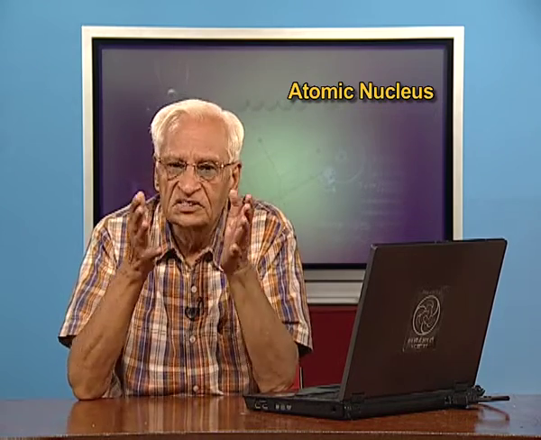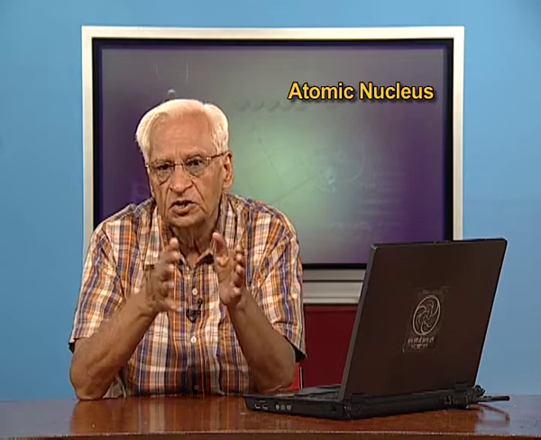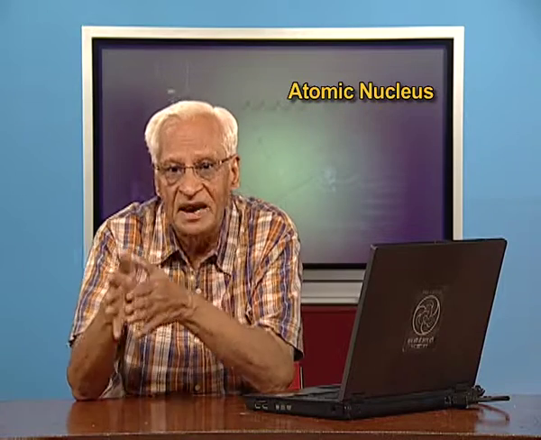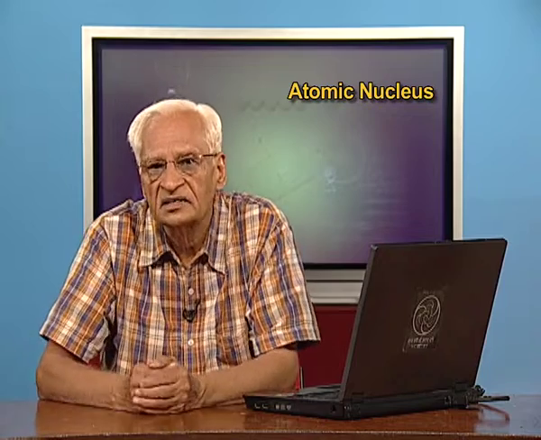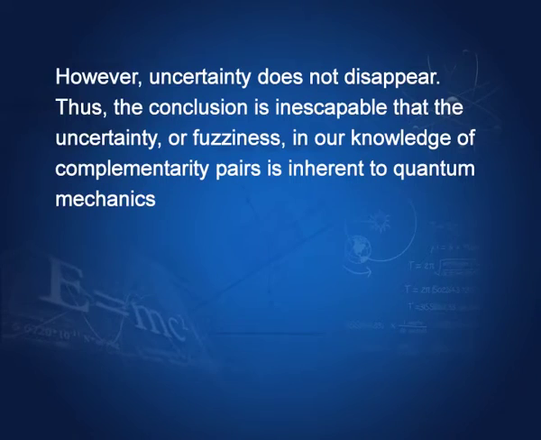So, one must conclude that this uncertainty is inherent to quantum mechanics. Even very delicate experiments cannot determine position and momentum precisely at the same time. This fuzziness in the knowledge of complementarity pairs, that is position and momentum, energy and time, is inherent in quantum mechanics.